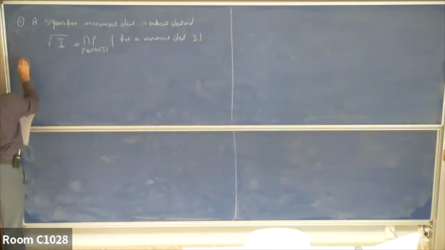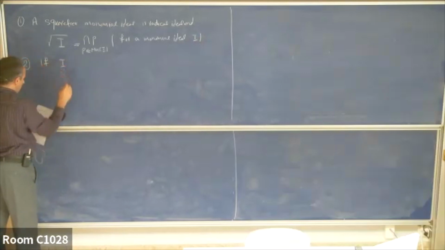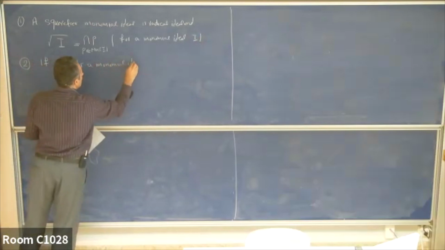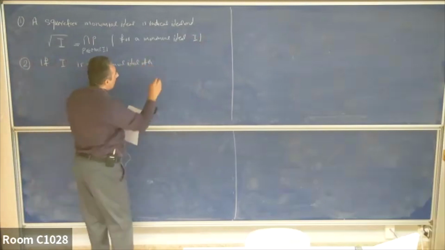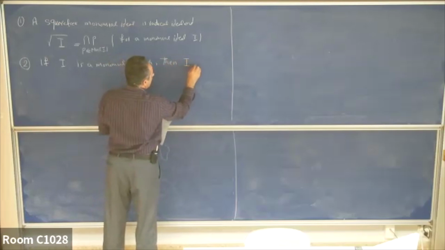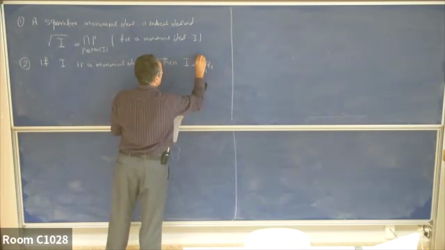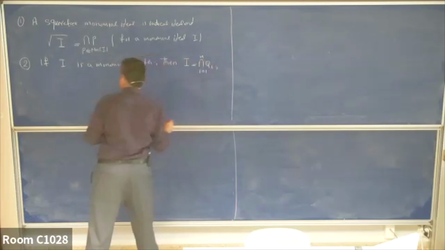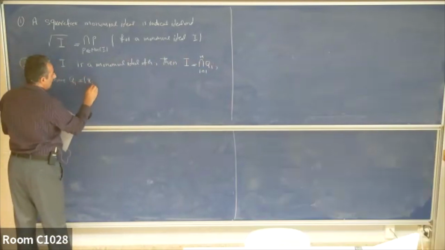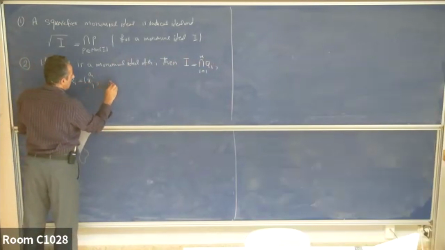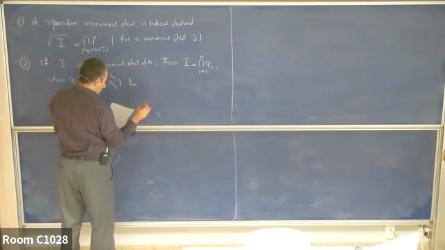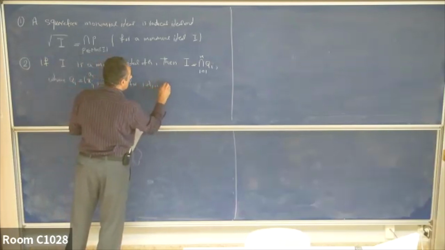And two, if I is a monomial ideal of R, then I has this presentation, where Q_i is equal to (x_{i1}^{a_1}, ..., x_{ik}^{a_k}) for i from 1 to m.